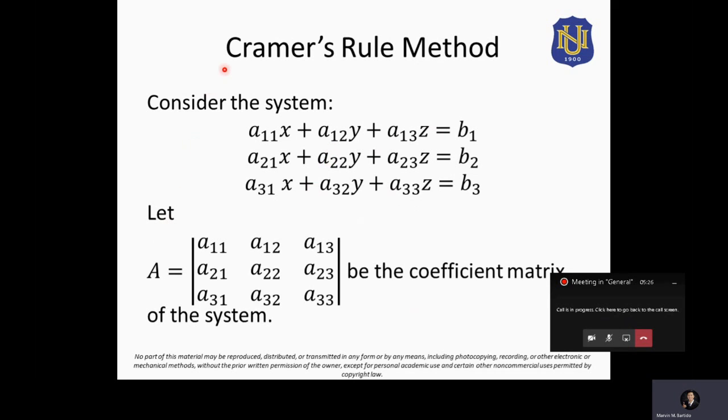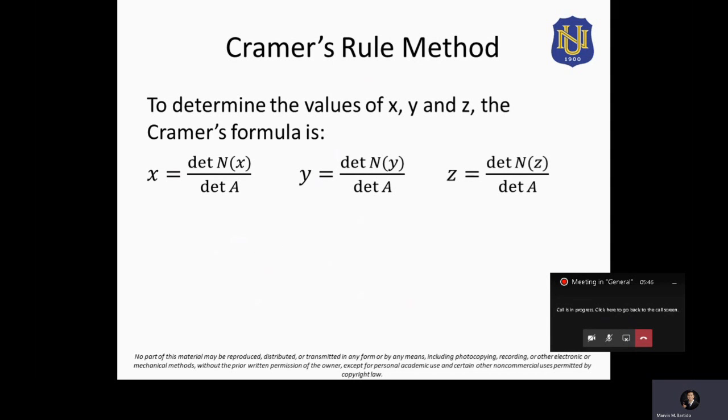If you're going to use Cramer's rule method, we need to get the coefficient matrix, which is just the matrix form whose elements are the coefficients of our equations. To solve for the unknown variables x, y, and z, we're going to use this formula.